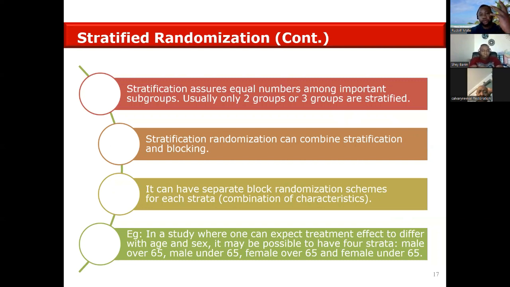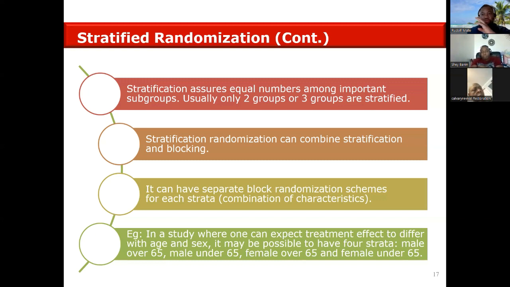If I want to stratify my group between the age and the sex, now we have male and female. Now, what are the ages? You're looking at above 65 or under 65. Most studies typically want to have people that will be above 18, right? So now you're looking at above 18.